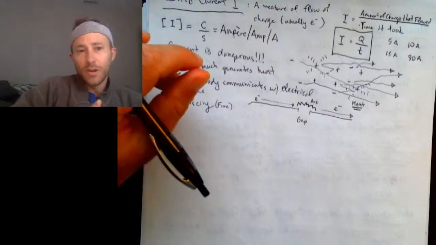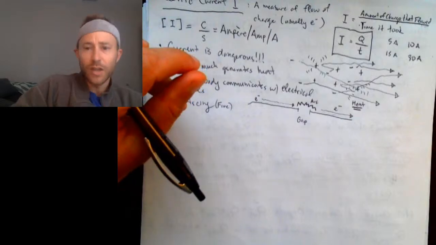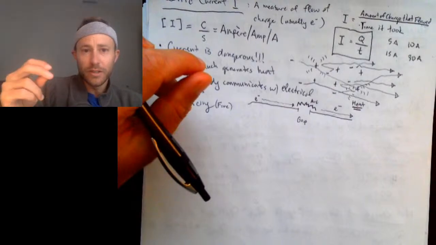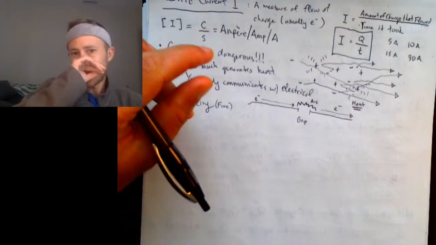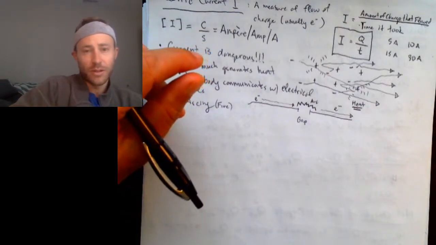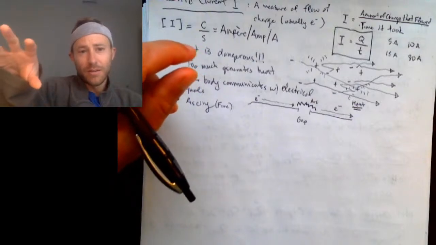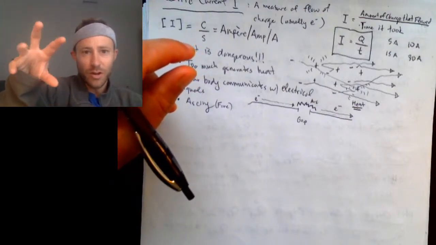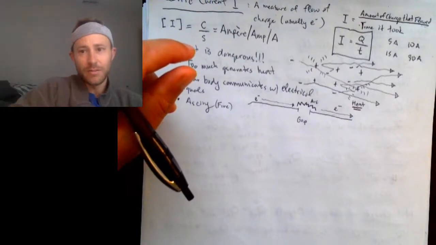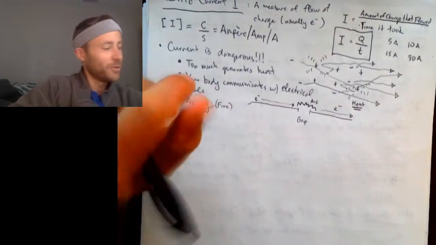But if your heart is having an irregular rhythm, they can use a defibrillator to jolt it and snap it back into its regular rhythm. That, to my knowledge, is how a defibrillator is used. Fibrillation is when your heart is beating erratically, and a defibrillator makes it not fibrillate anymore.